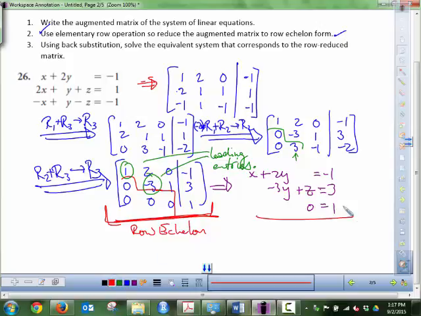This isn't the first time that we got a contradiction, is it? That means what? Not that they're not equivalent. Okay, now, the trickier part is that this is in 3D. Now, we still have a chance of visualizing this because it's in 3 dimensions.